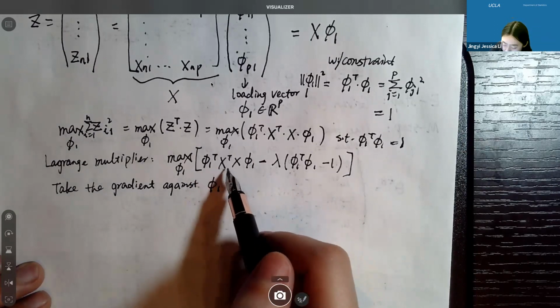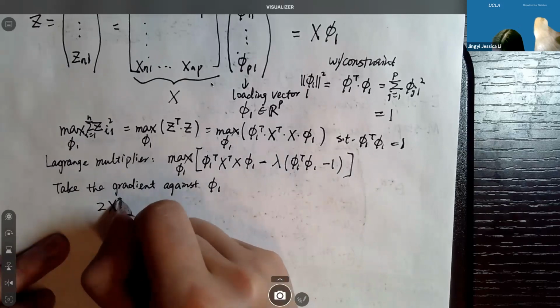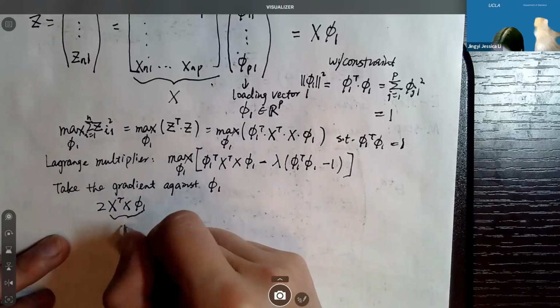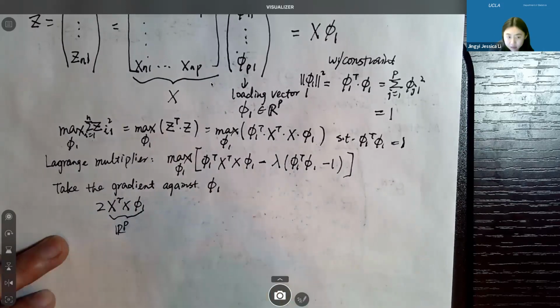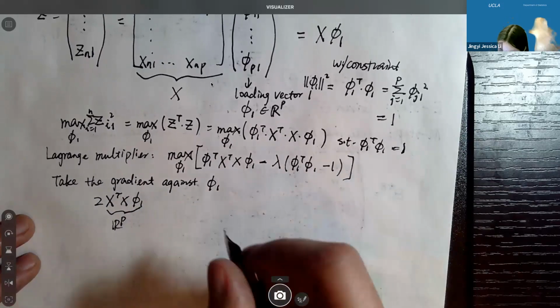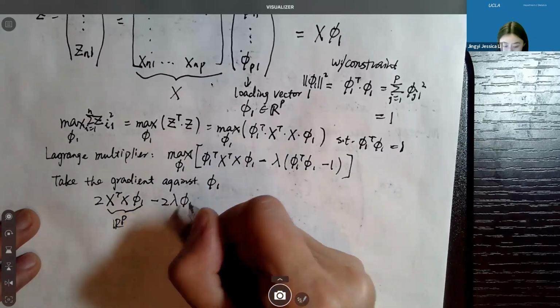I'll just give you the answer. The gradient here is 2 times X transpose X times phi 1. You can easily verify that this is a p-dimensional column vector. And for the second part, we are going to have minus 2 lambda phi 1.